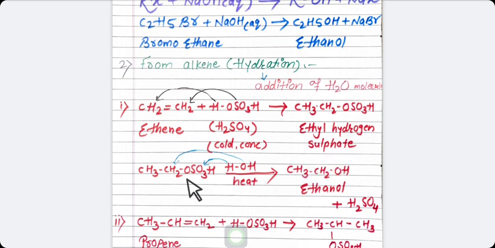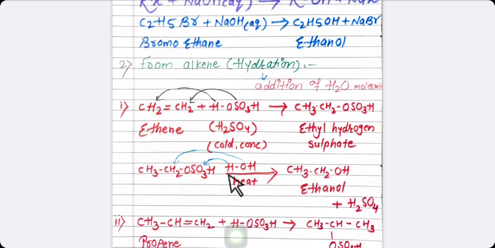Now this ethyl hydrogen sulfate is heated with water. Again hydrogen is attached with the OSO3H group and the hydroxyl group, the OH group, is attached with the alkyl group.